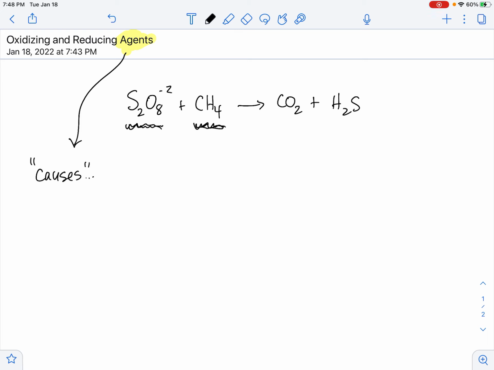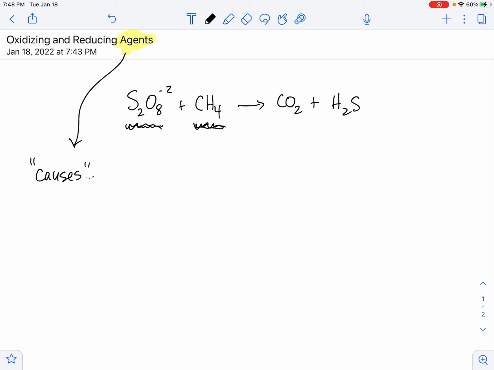So if you are an oxidizing agent, you cause oxidation. You don't oxidize yourself, you actually reduce yourself. And if you're a reducing agent, you cause reduction, which means you oxidize yourself. So it's weird because it's almost backwards terminology.